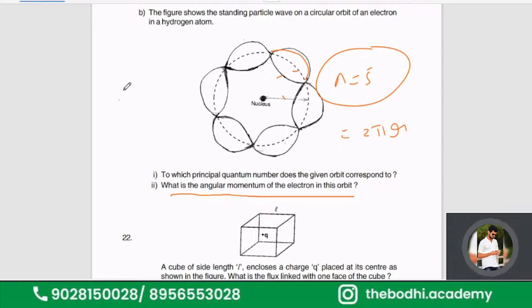Angular momentum L is equal to P into r... hold on.